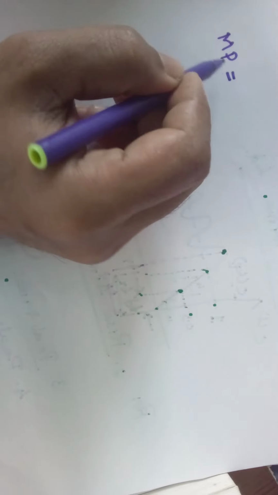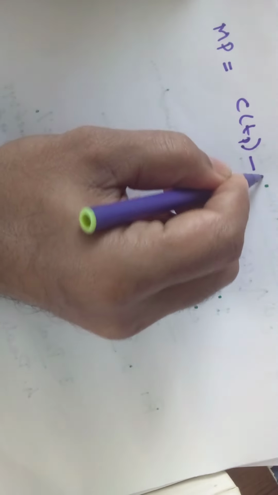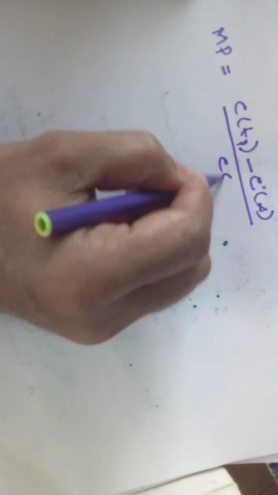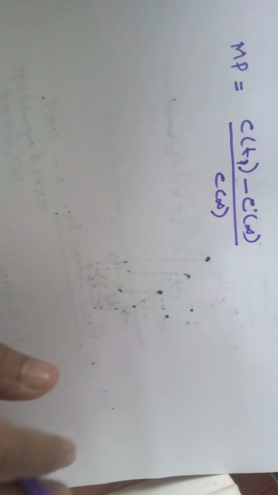MP is equal to C of TP minus C of infinity divided by C of infinity. So this is the definition of your peak overshoot. Usually this peak overshoot is calculated in terms of percentage value.